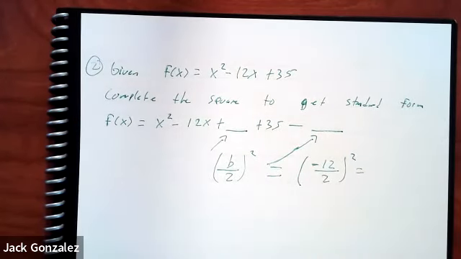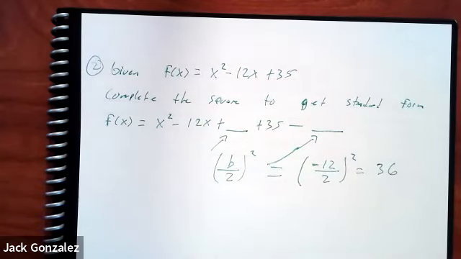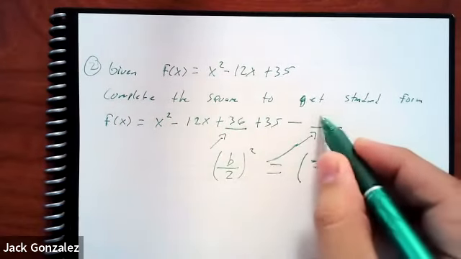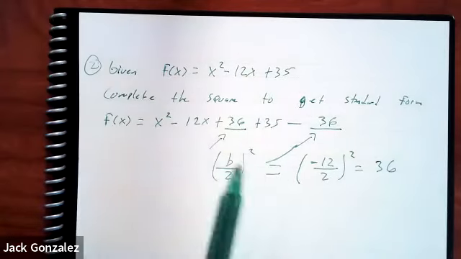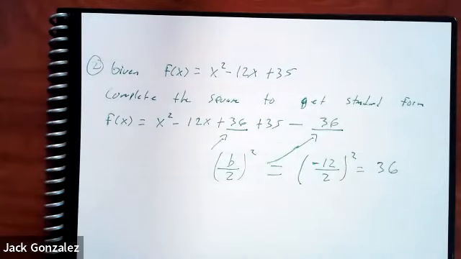Half of b is 6, and 6 squared is 36. So the magical number is 36. Once you add that number, the square will be complete. So plus 36 minus 36. That makes sense. That's how you complete the square. I'm kind of disregarding that 35, just moving it aside and asking, how do I complete the square? What is a complete square?